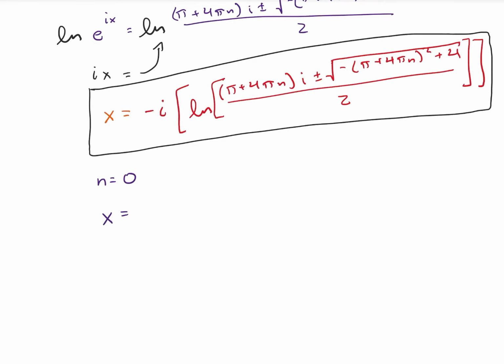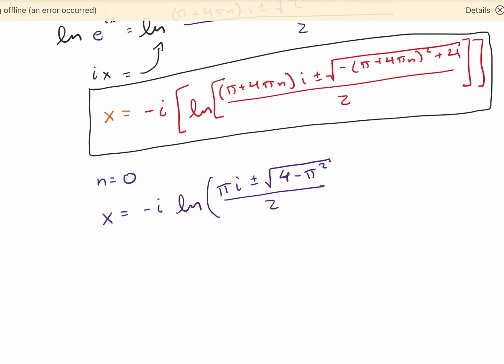That's going to give us x is equal to negative i times the natural log of pi i plus or minus the square root of 4 minus pi squared, divided by 2. And that would give me my solution when n equals 0, which is a little bit nicer.